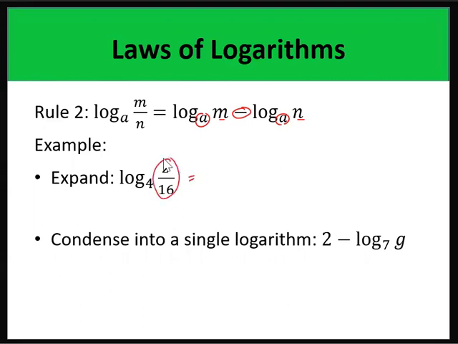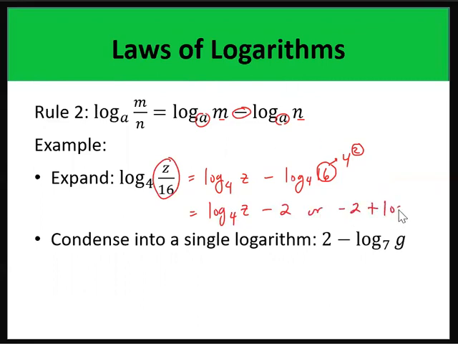Since this is a quotient, we can write this as the difference of the logarithms of z and 16, both to the base 4. But 16 can be written as 4 squared, so that logarithm is simply 2. So this is expanded as the logarithm of z to the base 4 minus 2, or negative 2 plus the logarithm of z to the base 4.